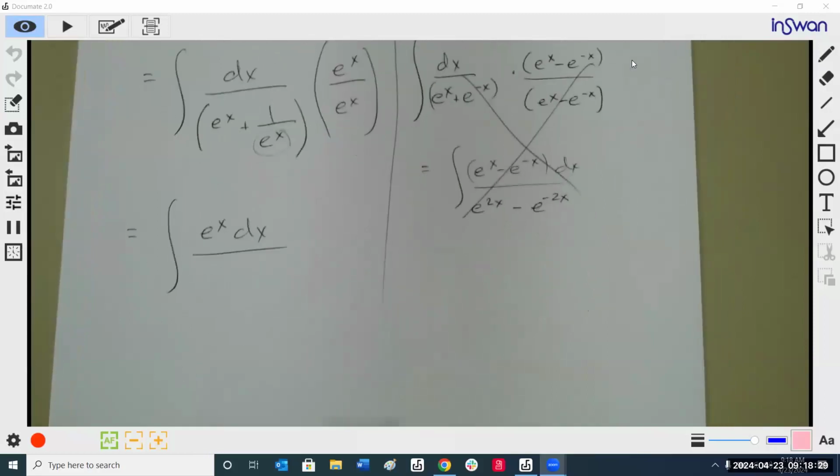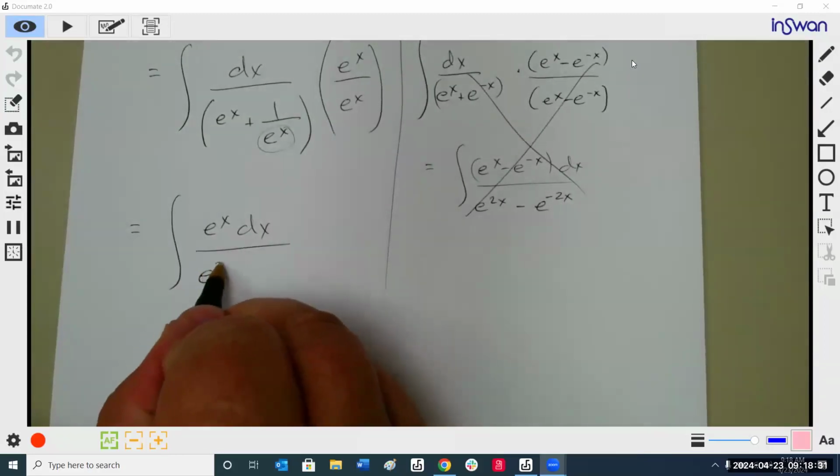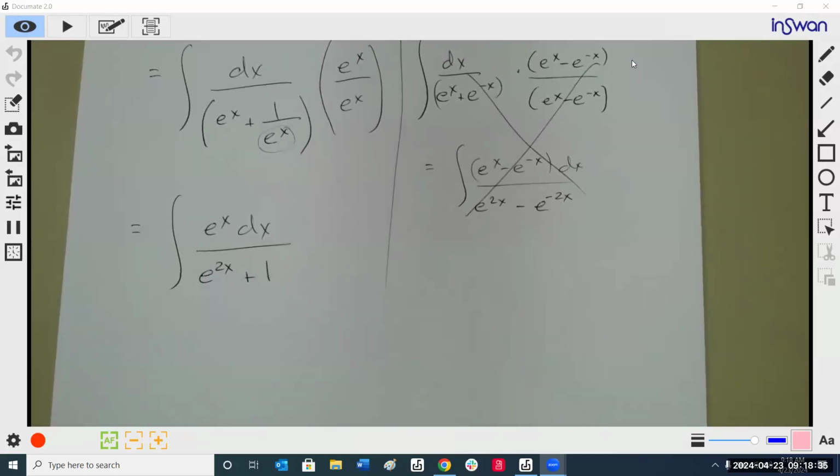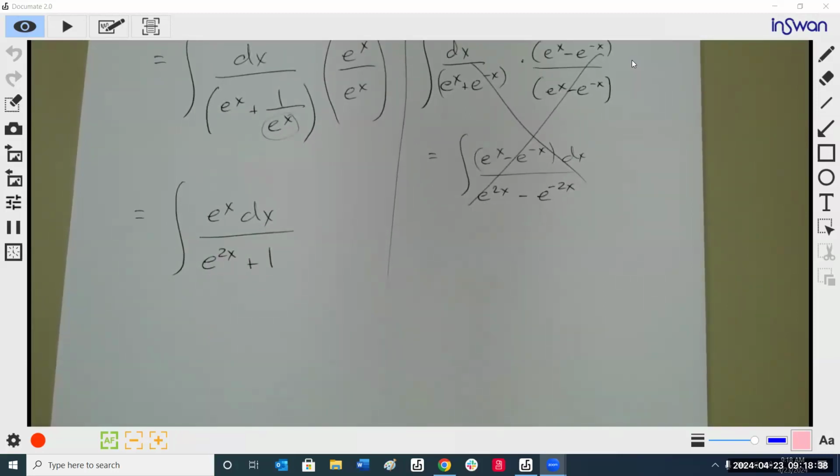The dx becomes e^x dx over e^2x plus 1. So far we don't have any more fractions, no more negative exponents. So now we have to do substitution.